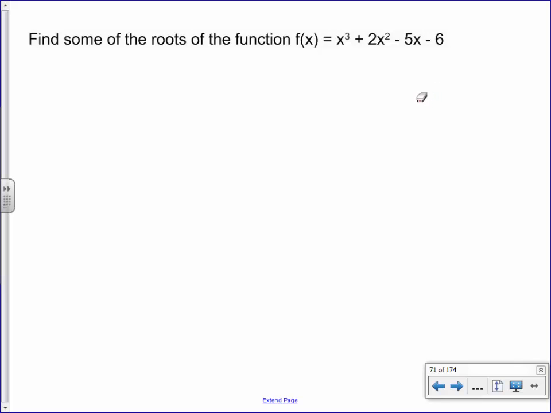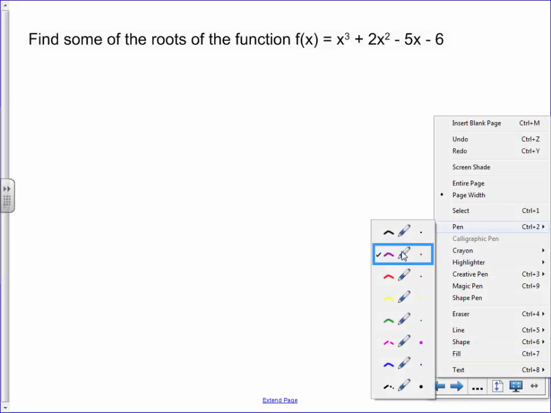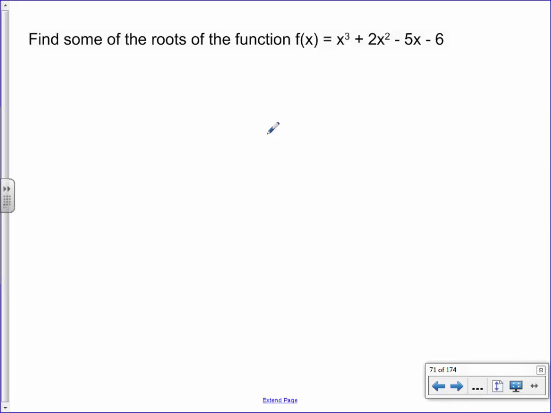Before I try any synthetic division, I want to try the remainder theorem. Here's how the remainder theorem works: pick a number, plug it literally into the equation, and see whether it equals 0. So give me a number. Perfect, let's start with 2. If we did f(2), that means you're doing 2 to the 3 plus 2 times 2 squared minus 5 times 2 minus 6.